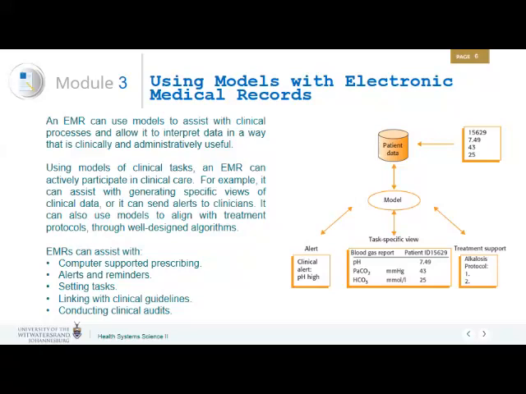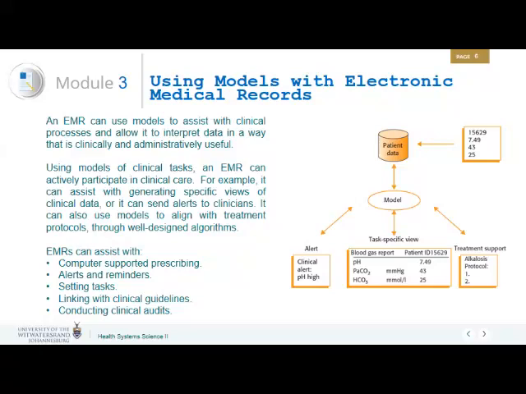For example, what kinds of tests should be taken for that patient, what kind of treatment protocols should be followed, how does this link with existing treatment protocols that have been designed around the management of that condition.